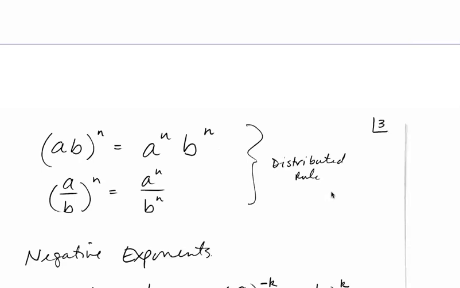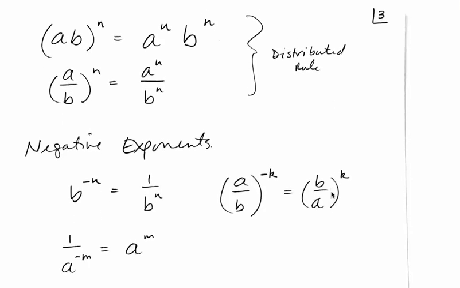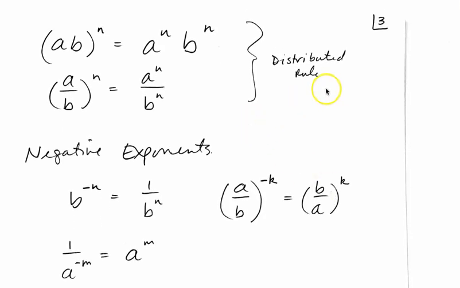So now we got a couple of tougher rules here. This one's the distributive rule. When you have two numbers in here, A and B, or it could be a variable, could be a number, if the whole quantity is raised to the nth power, then it's like that n distributes to each base.